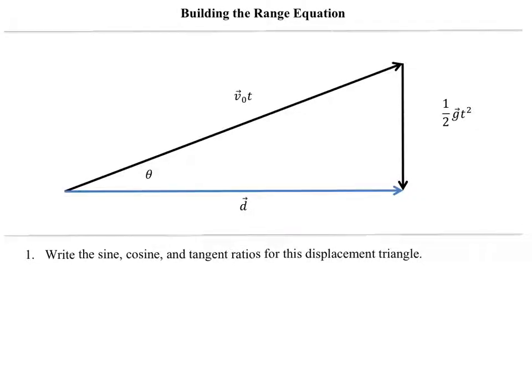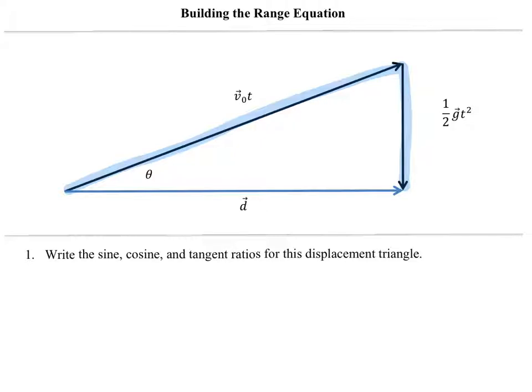So this displacement triangle, that's what we're going to call this thing right here. And it is a vector diagram, given that we have a vector like this, tail to tip with a vector like that.